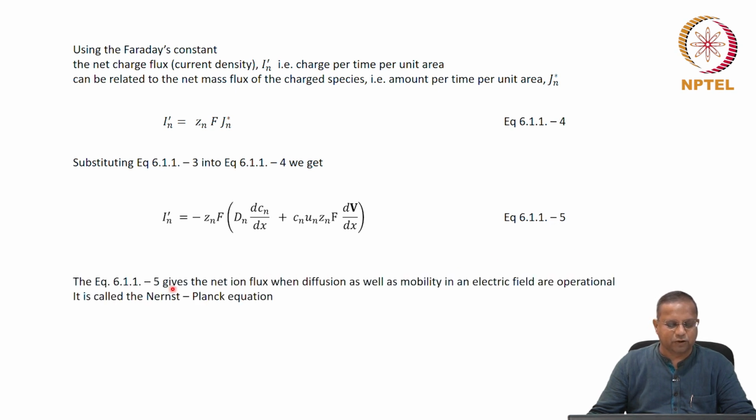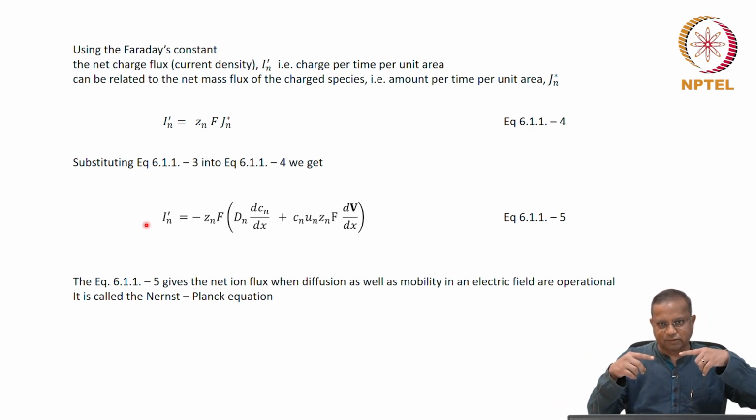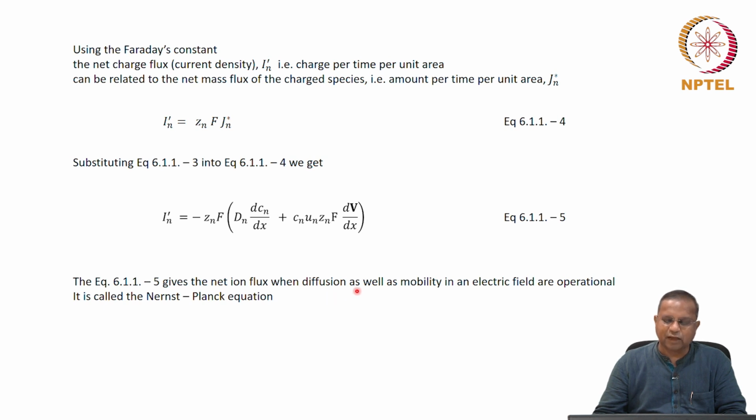Now 6.1.1-5 gives us the net ion flux. Always it is net, it is a vector. There could be some in this direction, some in this direction, but it is the net that we are concerned with. So the net ion flux, when diffusion as well as mobility in an electric field are operational.